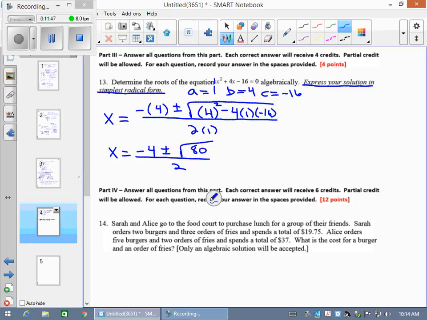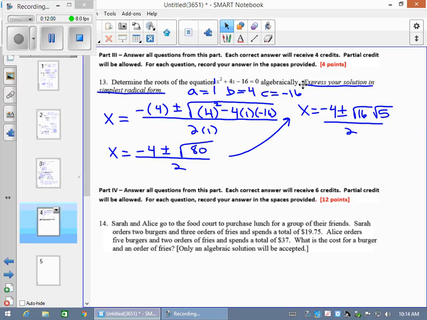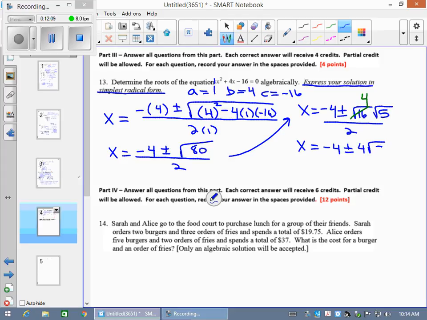I want to find the largest perfect square that divides 80 evenly. 16 times 5 would give me 80, and the square root of 16 is 4. So I get x equals negative 4 plus or minus 4 radical 5, and each piece is being divided by 2. Now I'm going to simplify. So I get x equals negative 2 plus or minus 2 radical 5, and that would be your final answer.